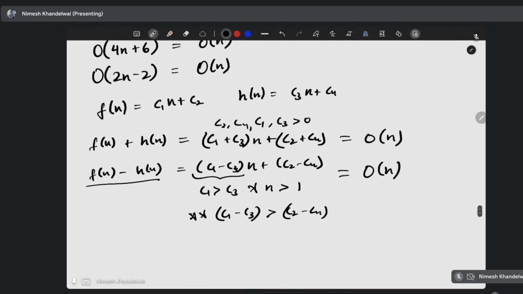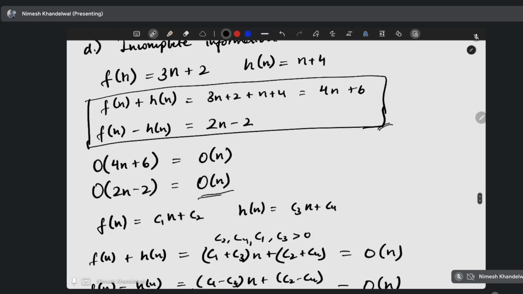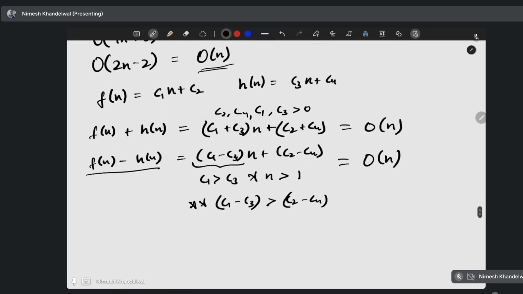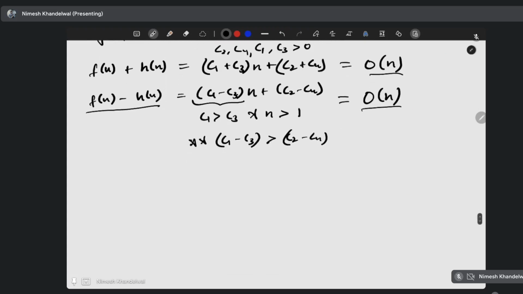So if you add or subtract two algorithms with linear time complexity, you end up with an algorithm of linear time complexity. It does not increase or decrease.